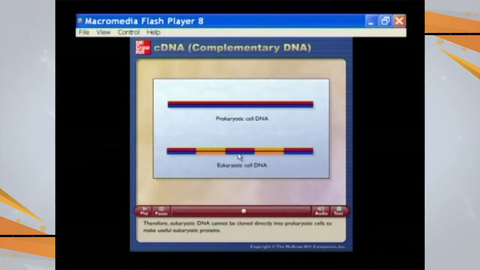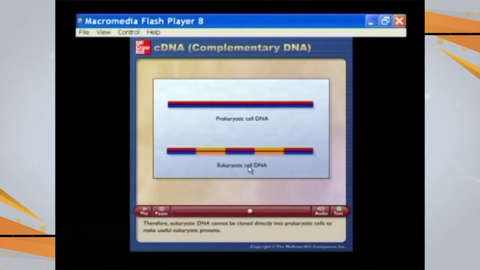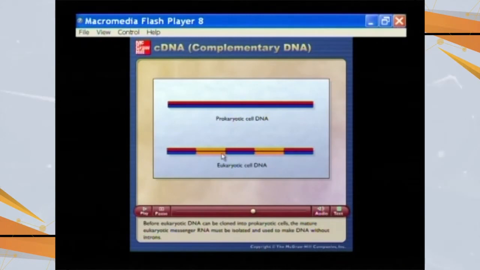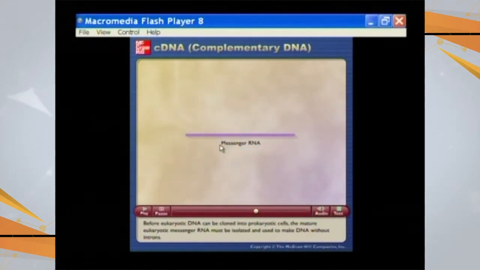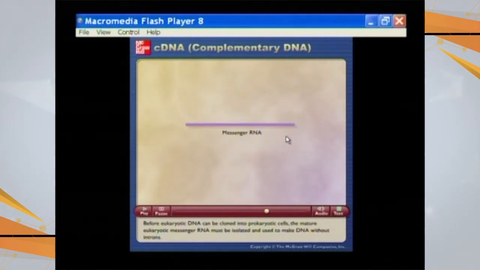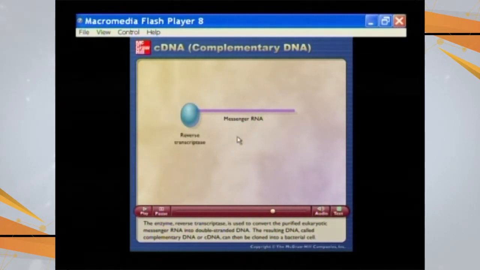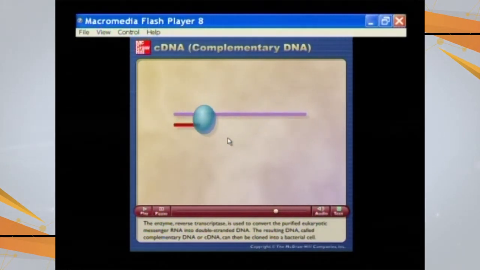So prokaryotic RNA is synthesized directly, while in eukaryotes the introns which are made in the messenger RNA are spliced. Let's say this is one of the messenger RNA strands, and now it is being treated by the enzyme reverse transcriptase.